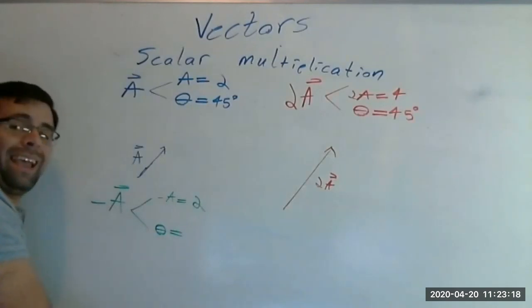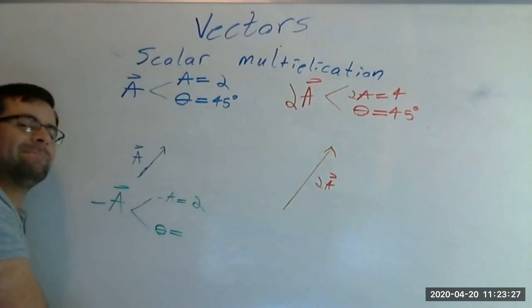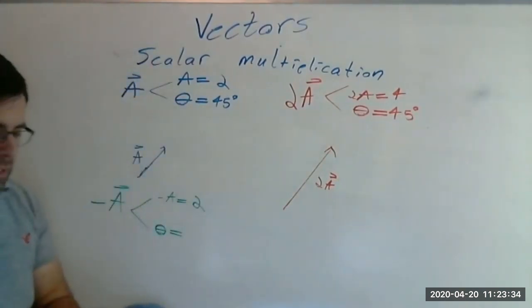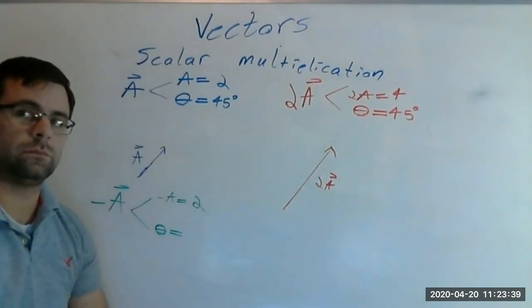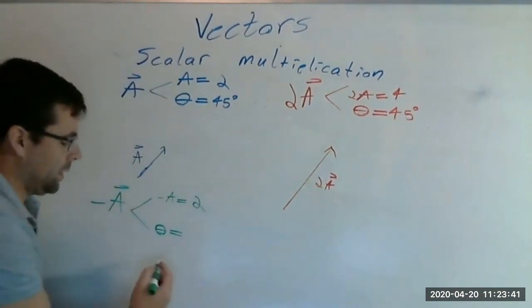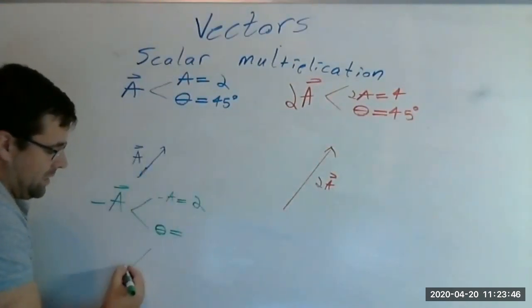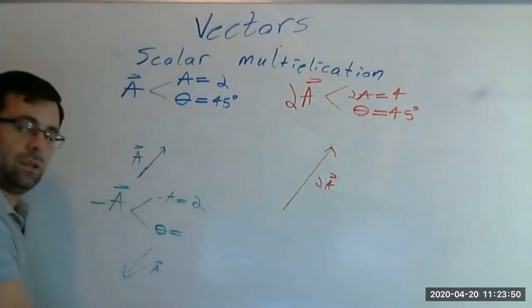So what is the angle? -45. No, and it's not -45 either, which is what you might think. Is it 0? It's not 0. So if that's A, -A would look like this.